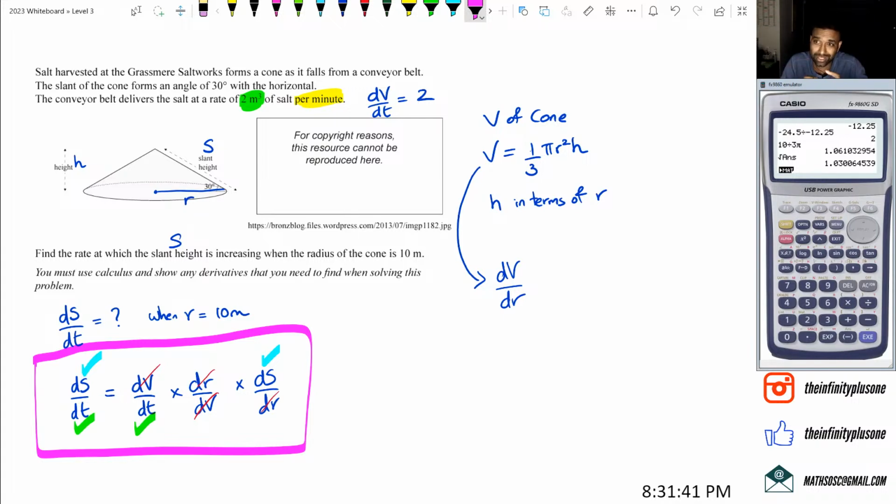But if you can get the idea behind this pink box, every rate of change question will become easy for you, every single one of them. So if you don't understand what I've done here, please don't be shy, just shoot those questions, and I'll try and work through it.